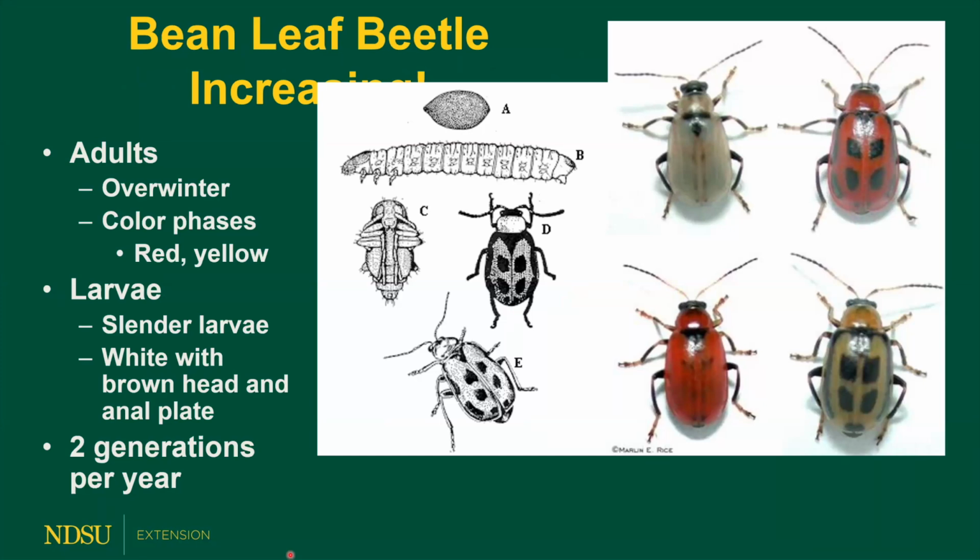And you can identify bean leaf beetle by this black triangle spot. Some have no spots, and some have 4 spots and a black line on the side. There are 2 different colors. You can have red and yellow. They're all the same insect.